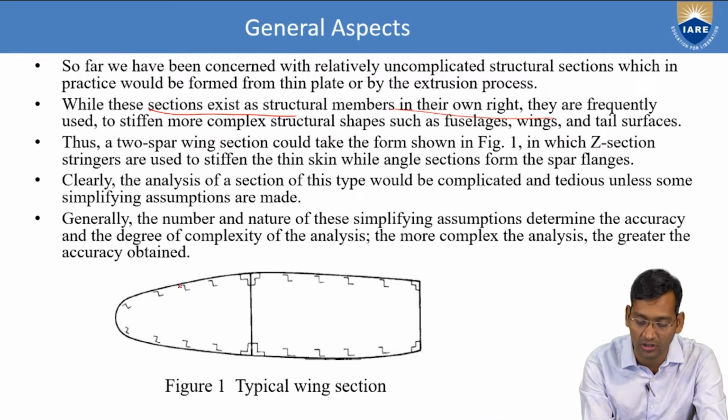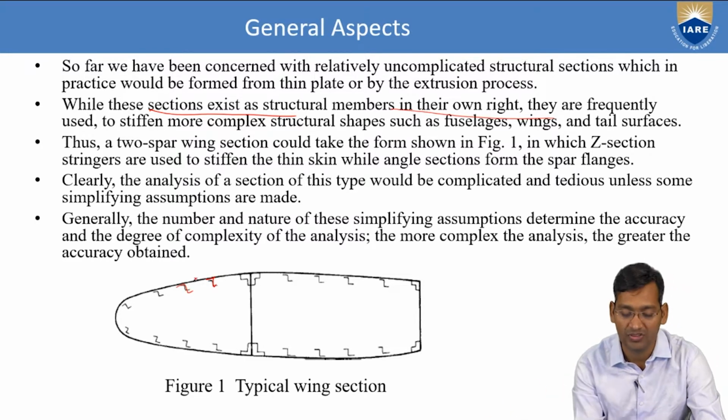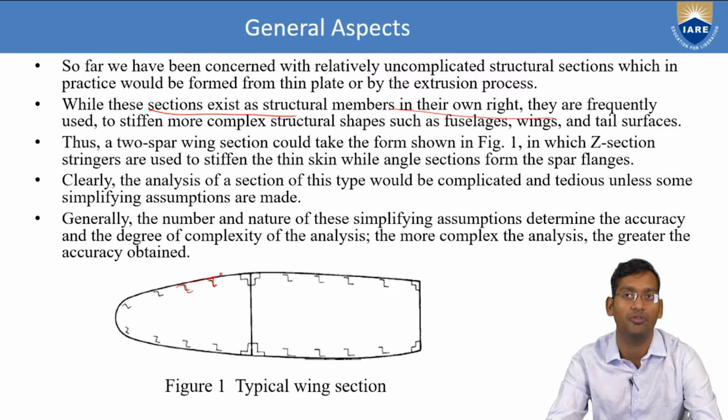Just see in this figure: these are the members which provide stiffness to this surface, that is the skin. So complex structural shapes such as fuselage, wings and tail surfaces.